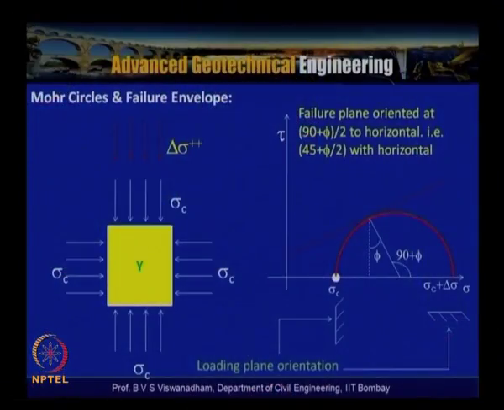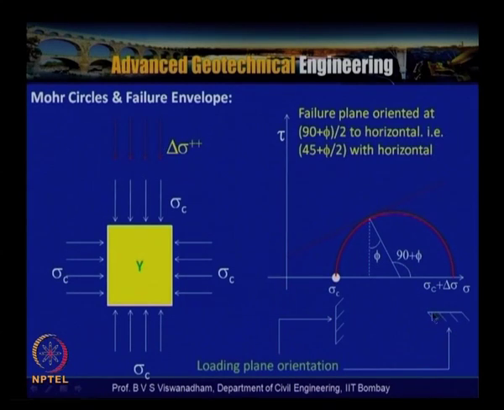Now, if you further look into it, take the circle at failure, let us say the sigma c plus delta sigma combination is at failure, and sigma c automatically is at failure for the given state of stress. This is the loading plane orientation, acting on the vertical plane, and the plane perpendicular to it is this one.